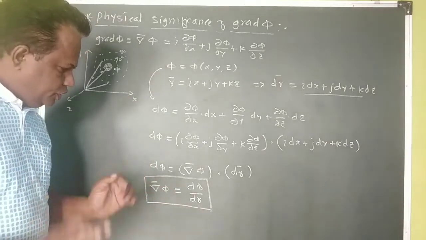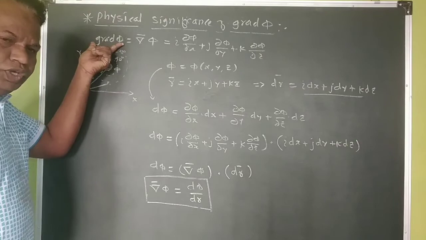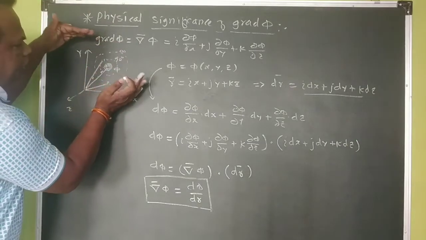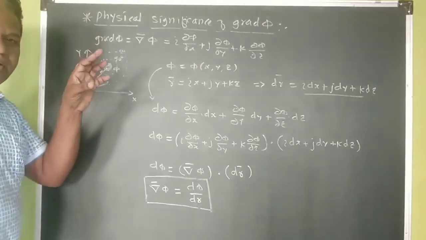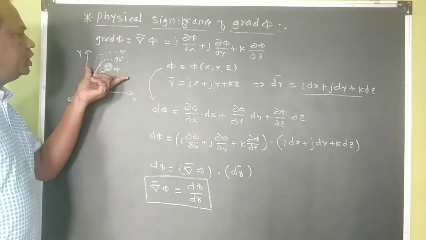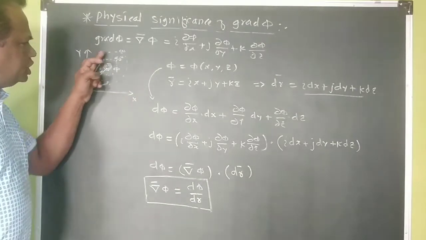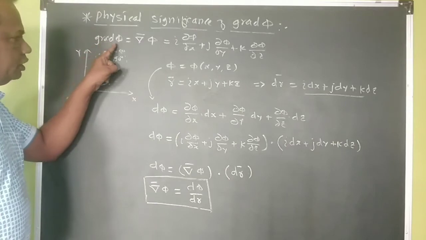Can you understand this? So the physical significance of the gradient of φ gives the variation of, for example, the temperature zones. If you consider electric field, then you can represent the variation of electric field with respect to position, which gives rise to del φ or the gradient of φ.